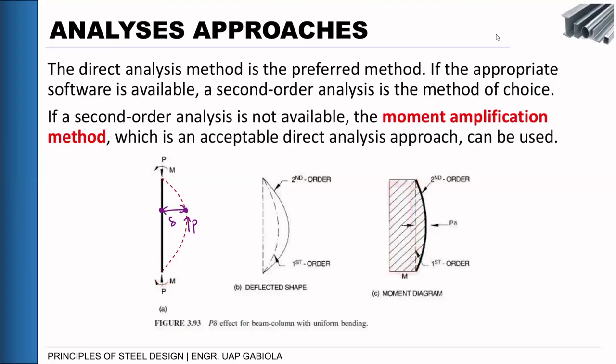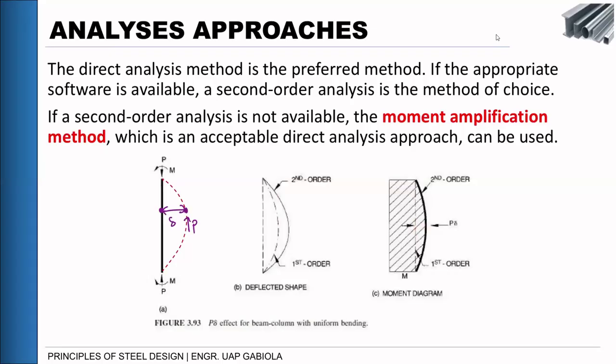But once we consider the secondary effects, we see that at certain location, the value of the second order moment is being added to the uniform first order moments, and we see that as the distance is going towards the center, we see that that is the location where the maximum value of our moment is located.